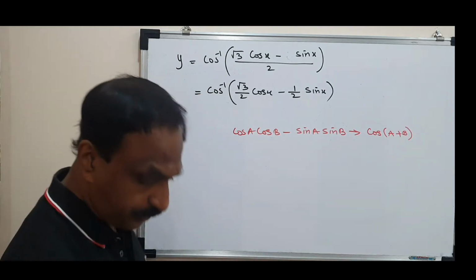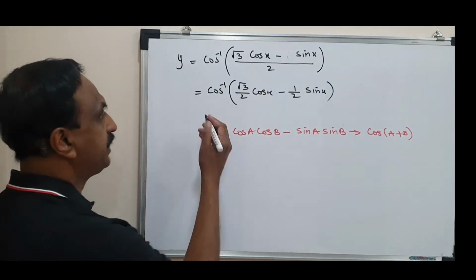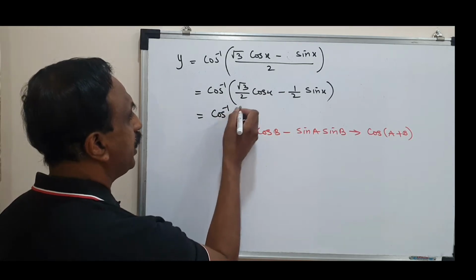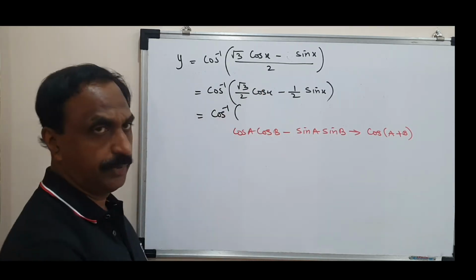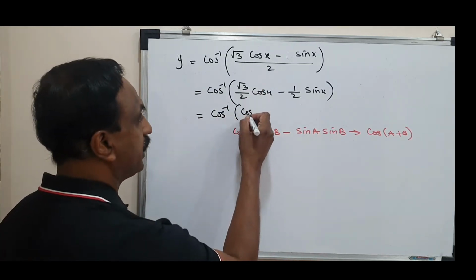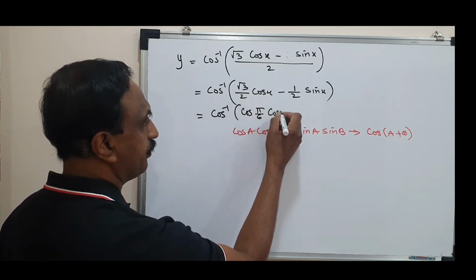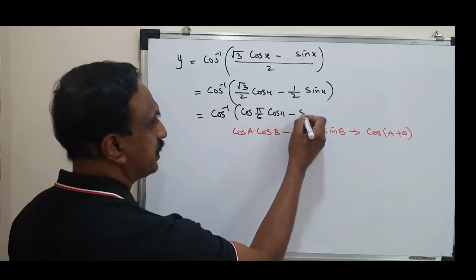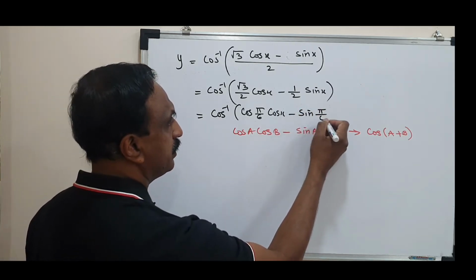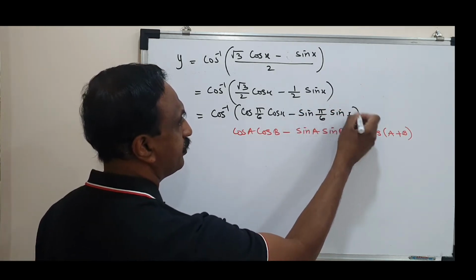So to make it into this formula, I will write this as cos inverse of root 3 by 2 is cos 30 degrees into cos x minus sin pi by 6 into sin x.